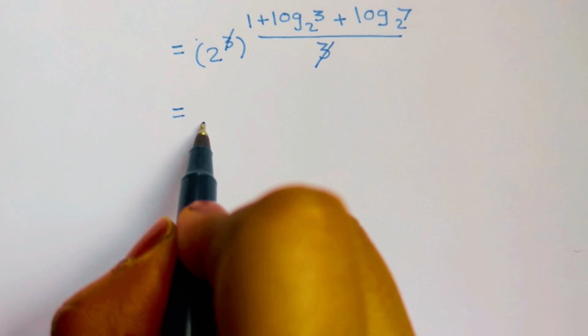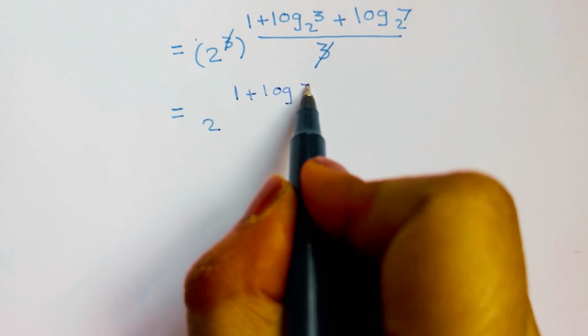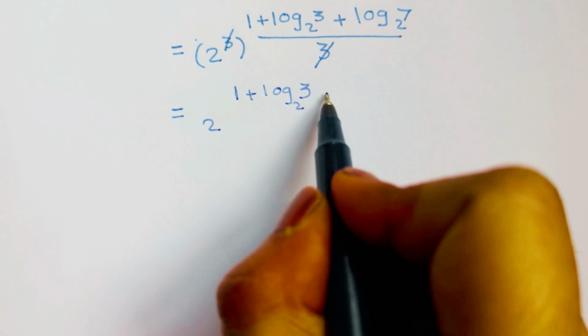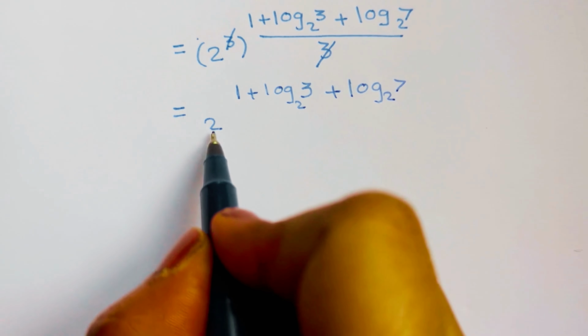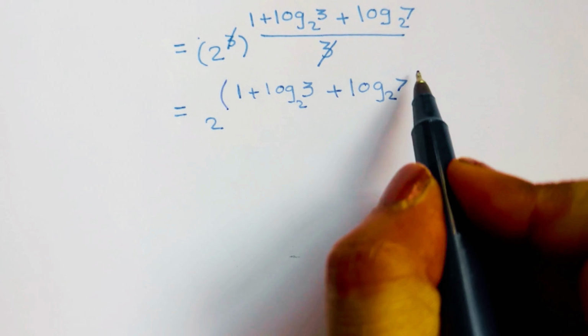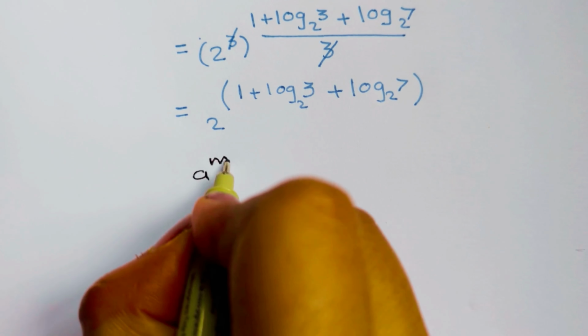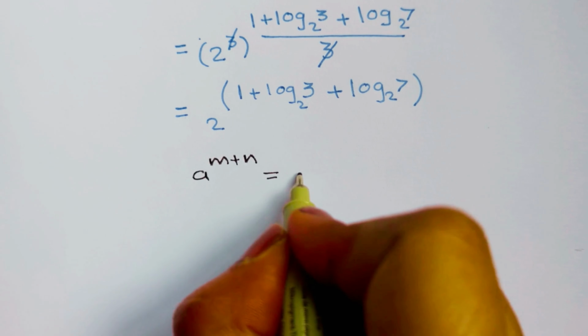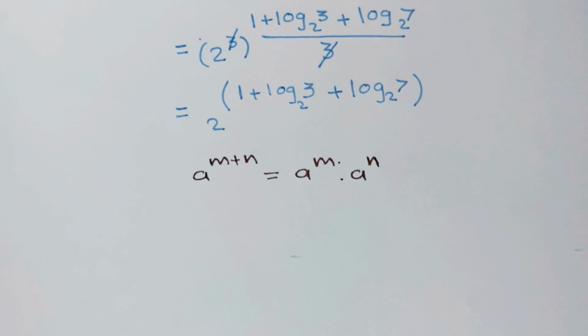So the final value would come as 2 to the power (1 plus log 3 with base 2 plus log 7 with base 2). Now we have a formula: a to the power (m plus n) is equal to a to the power m into a to the power n, separating the bases.